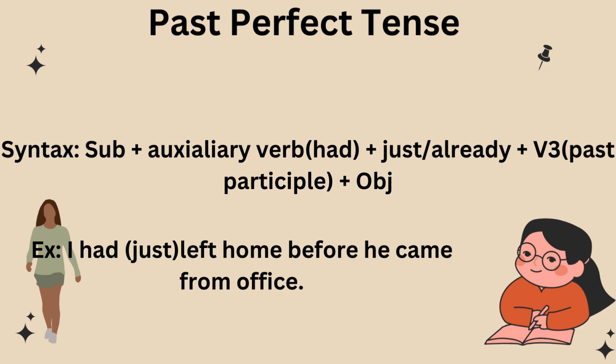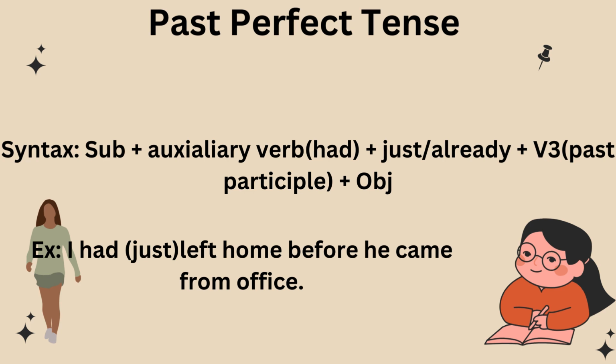So here there are two actions taken place. Past perfect tense would be had. For has, had; for have, had. Okay, and after this, we can identify the sentences by identifying words like just, already.